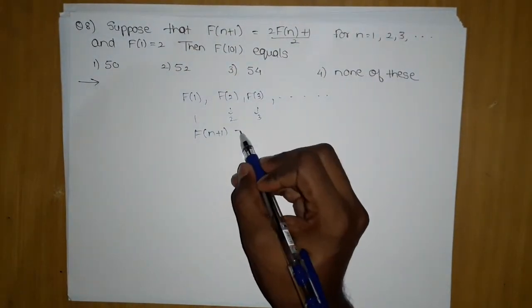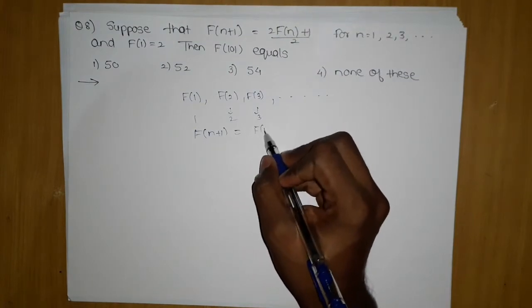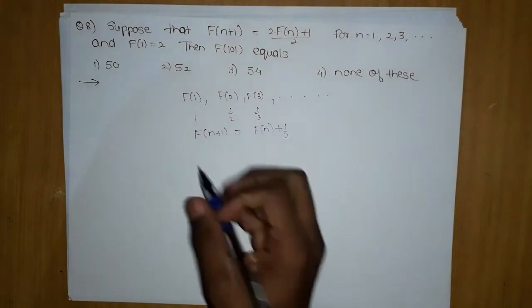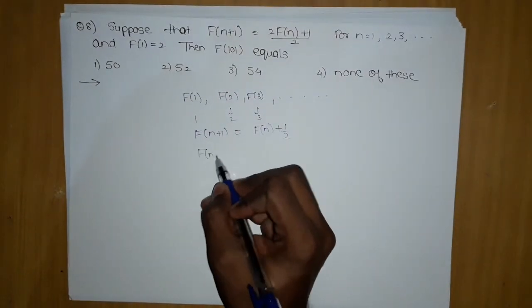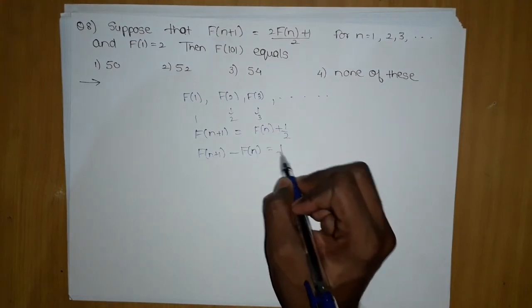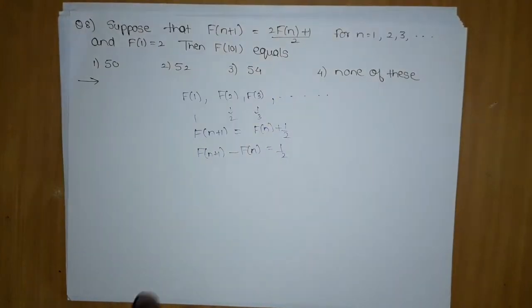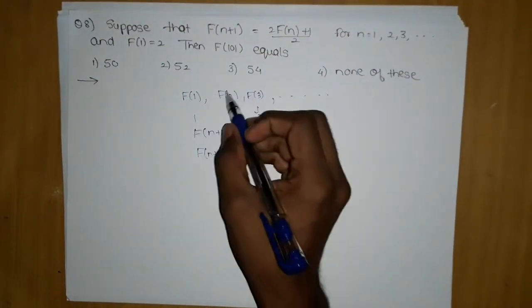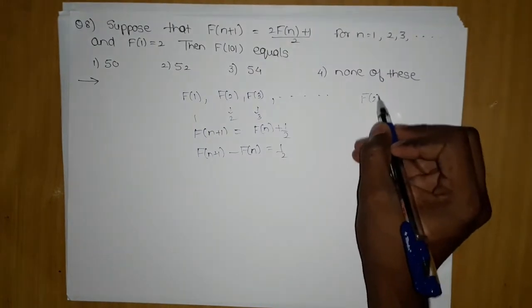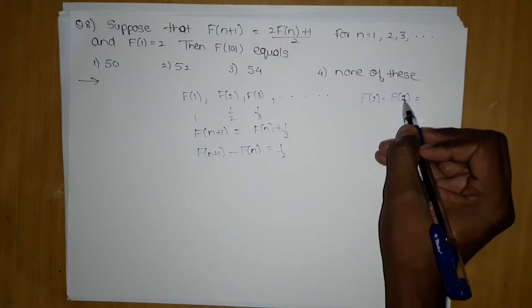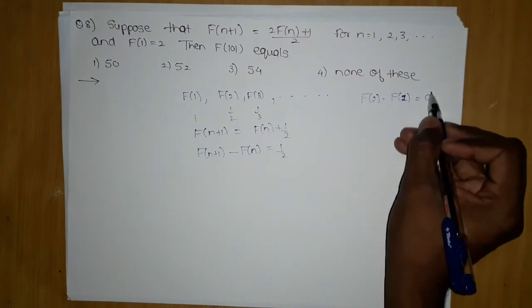So f(n+1), I can write as f(n) + 1/2. Now I observe that f(n+1) - f(n) is nothing but 1/2. If they give you an AP in function form, f(2) - f(1) gives me my d.